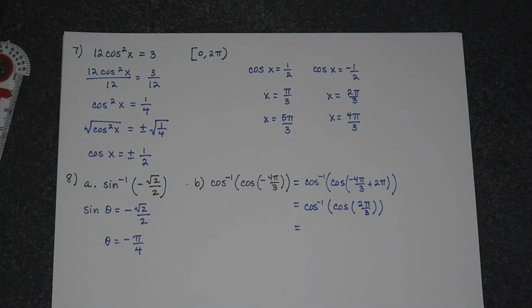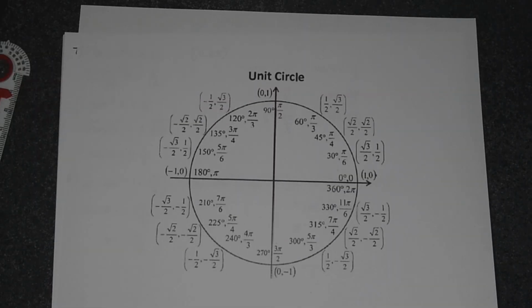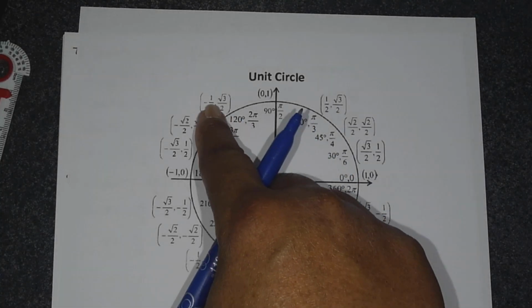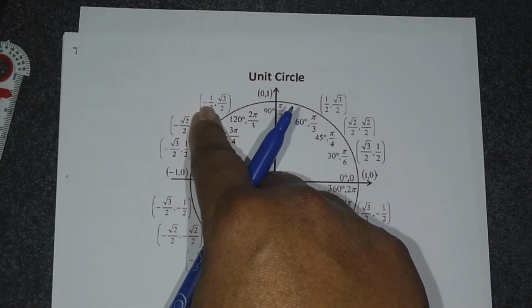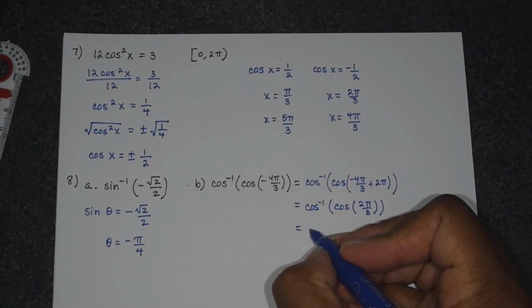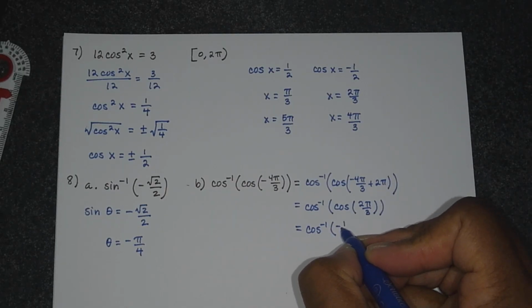Now, let's use the regular unit circle to find the cosine of 2 pi over 3. Yeah, negative 1/2, because here's 2 pi thirds. The x-coordinate for the cosine is negative 1/2. So here, cosine of 2 pi thirds, I'm going to bring down this inverse cosine. That'd be negative 1/2.